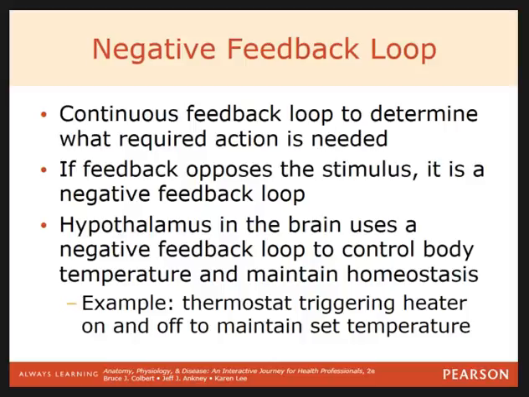All right, so that's kind of confusing. So let's break that down just a little bit. Like in your house with the thermostat, when it gets too warm, your air conditioning clicks on. When it's cooled down, the air conditioning clicks off. So that's a negative feedback.